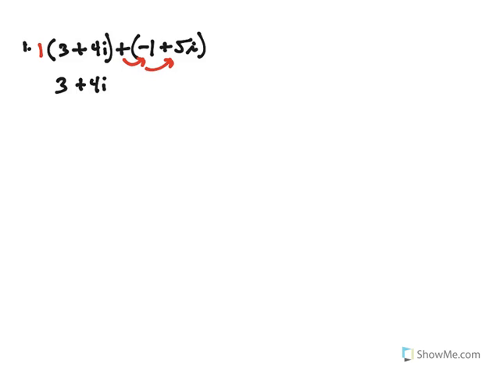Positive and a negative, remember, is a negative 1. A positive and a positive is still a positive 5i. See, the signs don't change inside when the sign is plus outside the parentheses. So now we just combine like terms. 3 minus 1 is 2 plus 4i plus 5i, right?